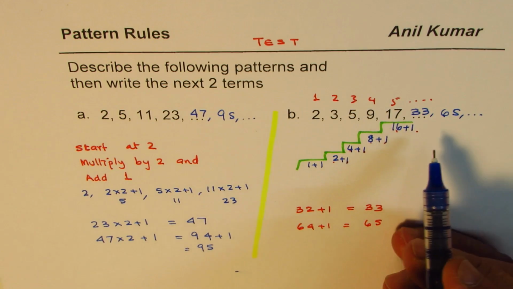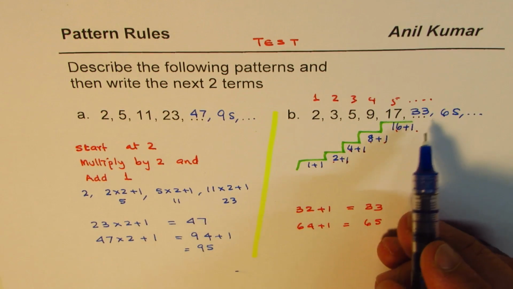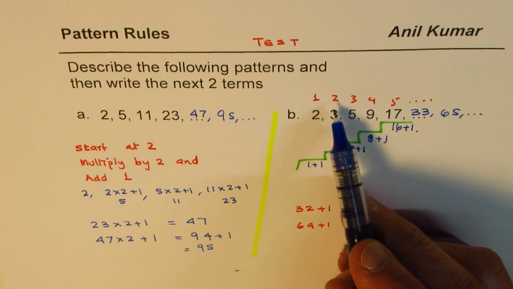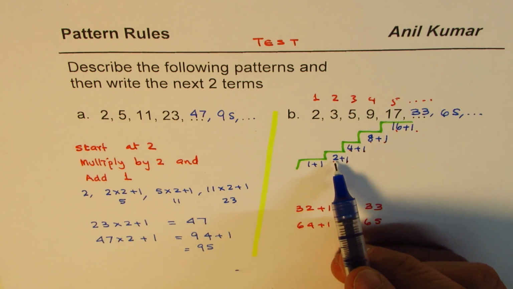Now that is one way of finding the pattern. Now for the students who are in higher grades, they could write this pattern as powers of 2. So in the first case, we have 1. In the second case, we have 2.